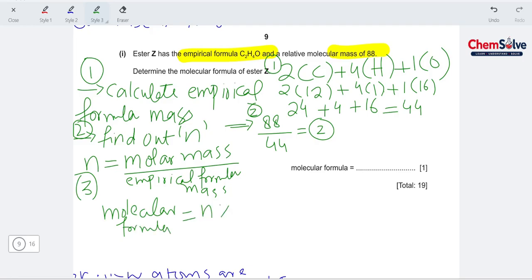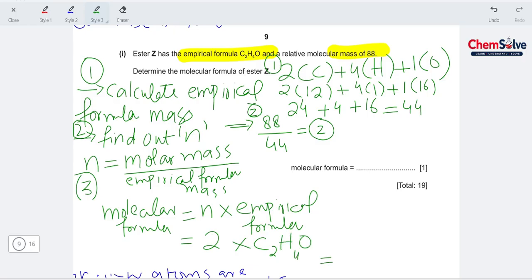I will multiply the N that I calculated in step 2 with the empirical formula that is already provided in the question. So in our case, N is 2 and the empirical formula is C2H4O.